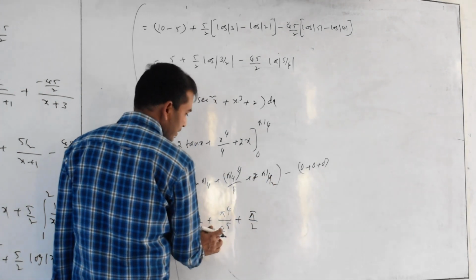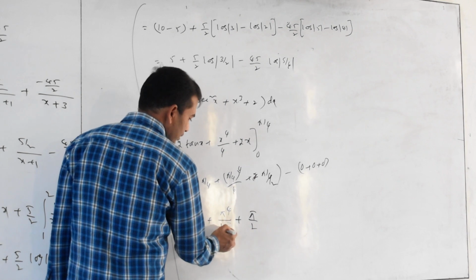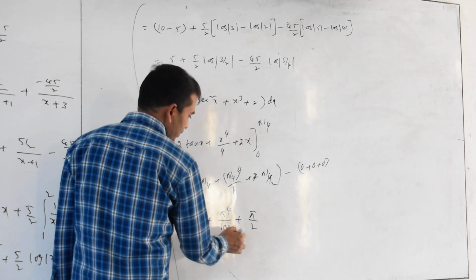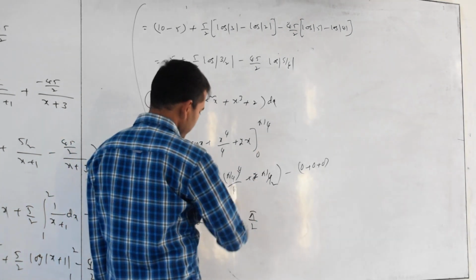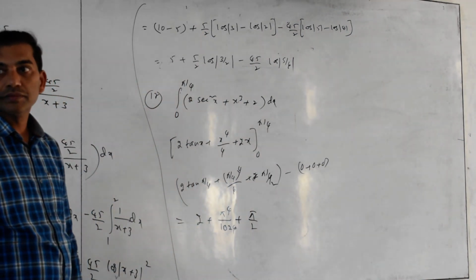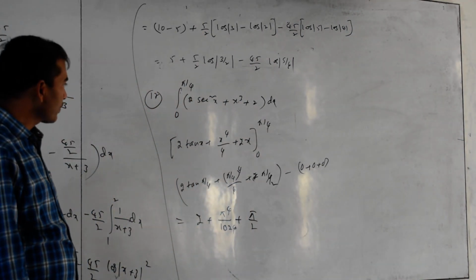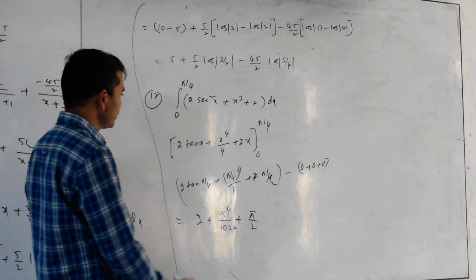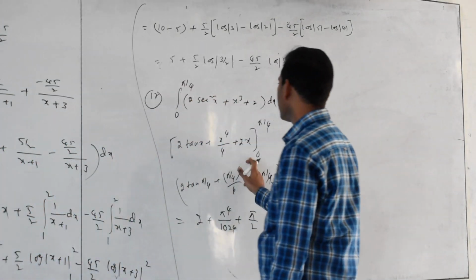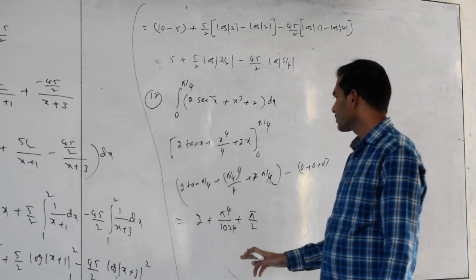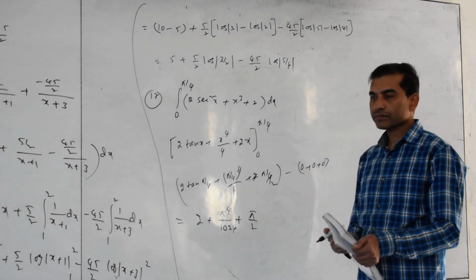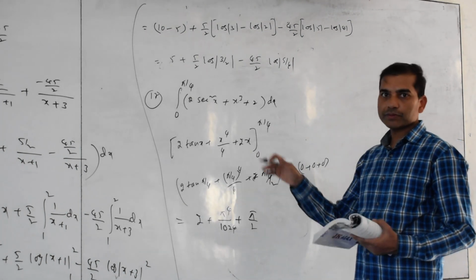How much is this? 102. This is the answer. It is 0 power 4, not x power 4.